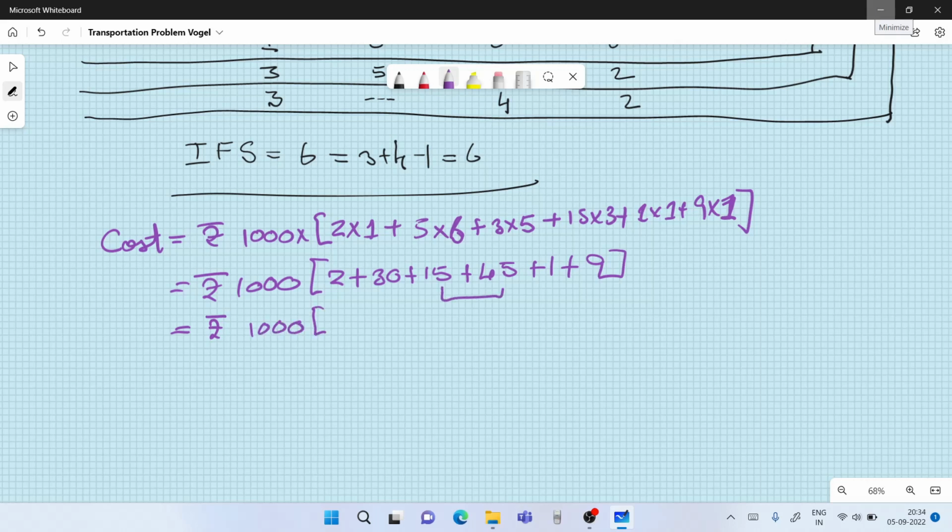So 15 and 45 make it 50. Okay, 9, 10 to 12. So that's 12 plus 15 plus 30. So that's it. This is 10, this is 2, so that makes it 12. So we are now remaining with 30, not 15.